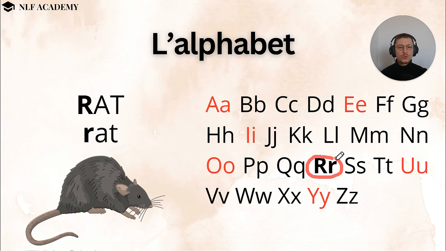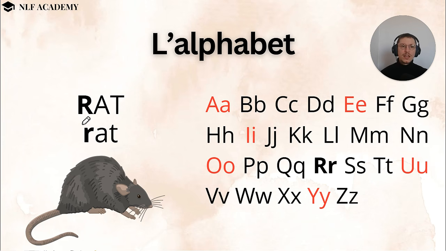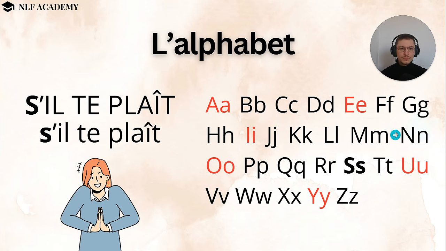If this is difficult for you, you can do a big vibration of the tongue at the back of the mouth like this. Par exemple, ra, ra, ra. All of these pronunciations are okay. Ra. Okay? If it seems difficult for you, don't panic. Like I explained to you, it will become more and more natural along the course.